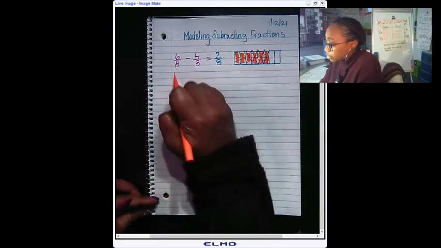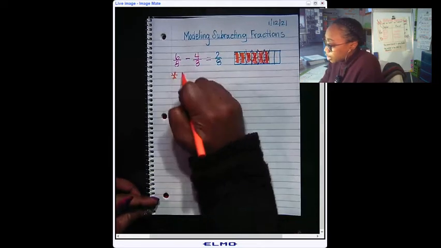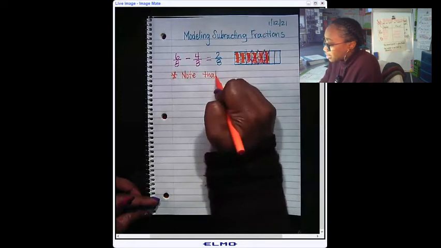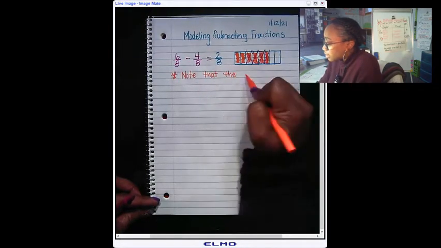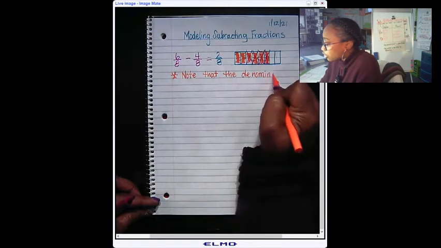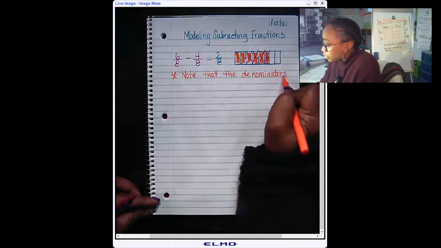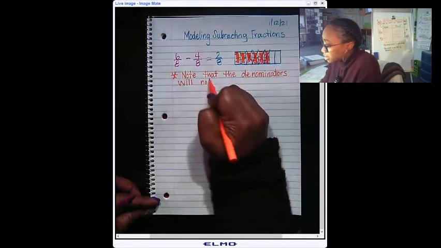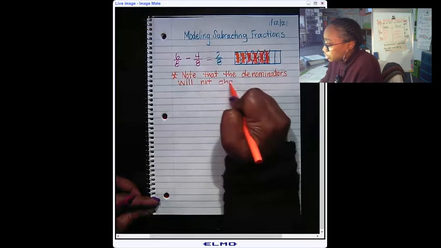And we're going to note that the denominators will not change.